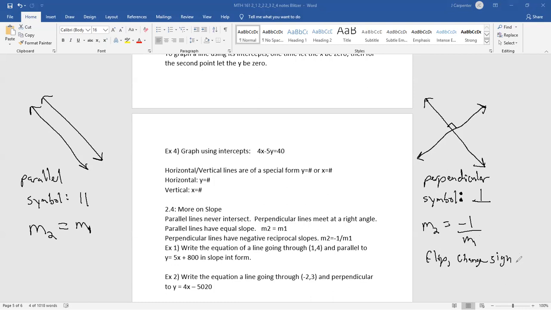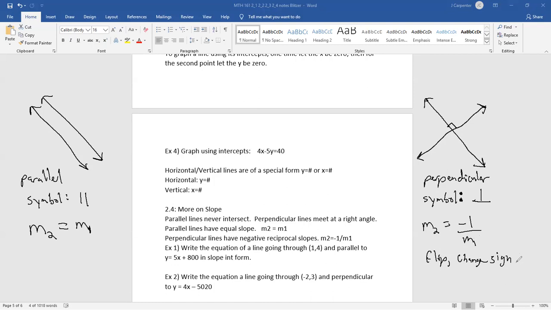Because now what we're going to start doing is giving you, like example 1 and 2, an equation of a line, and then ask you to make another one that's either parallel or perpendicular to it. So let's knock out example 1.